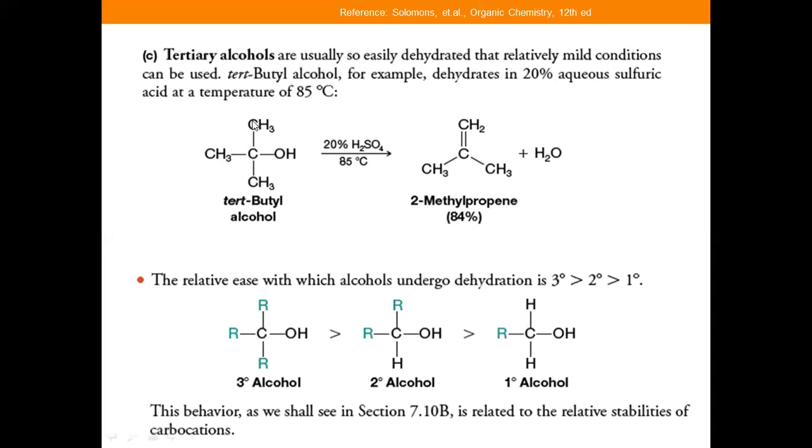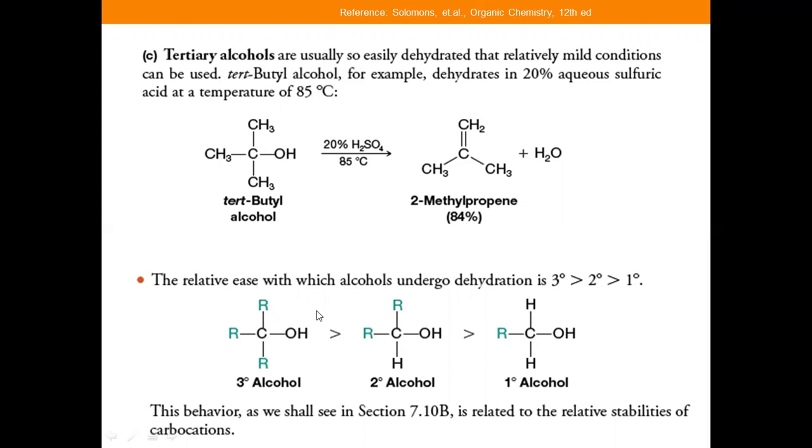You have three beta positions, but since they are all CH3, you get just one kind of alkene in the reaction. For this case, you get a yield of 84%.